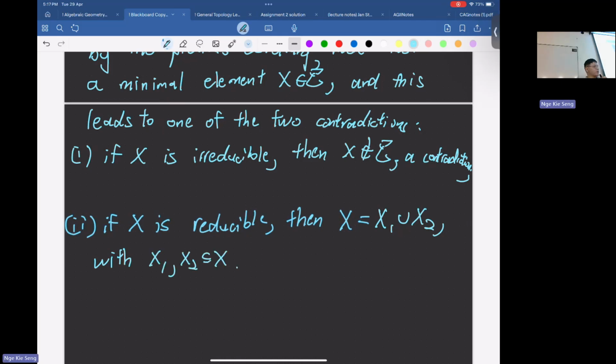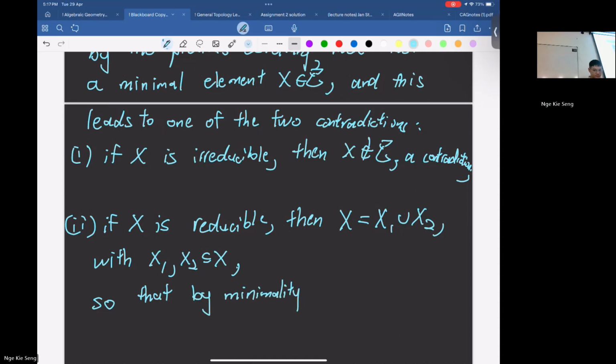You split into two proper subsets, meaning X1, X2 should be smaller than X. But how do we pick this X? It is the minimal one.